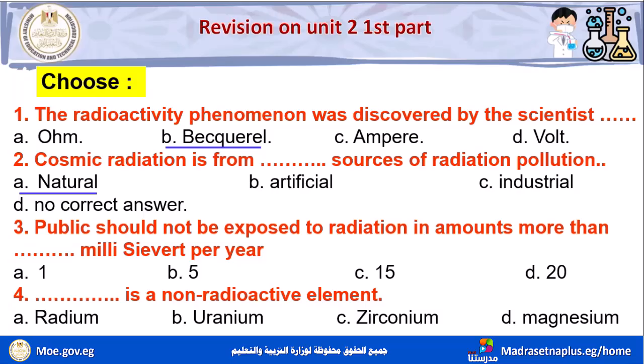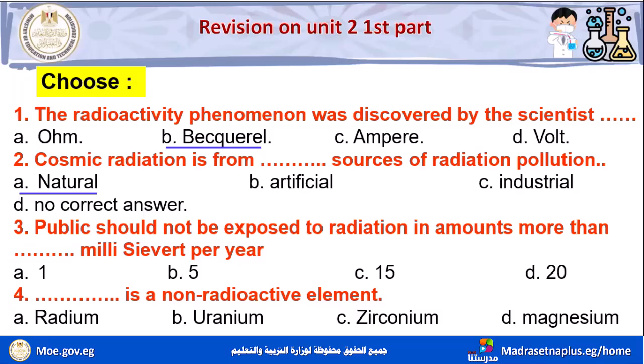Question number 3, public should not be exposed to radiation in amounts more than how many millisievert per year.